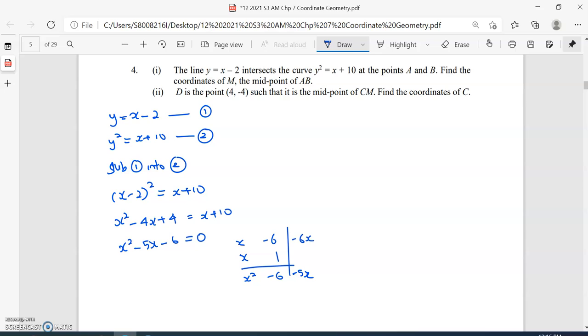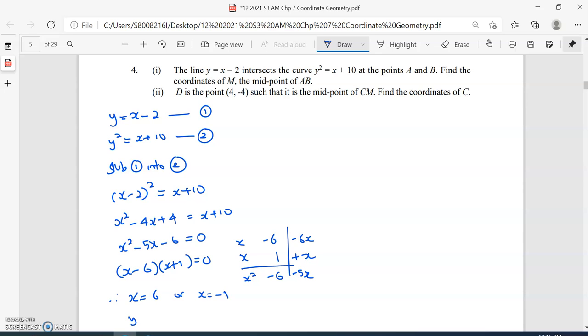This will be negative 6x, this will give me positive x, to give me negative 5x. Okay, good. So I have (x minus 6)(x plus 1) equals 0, meaning x equals 6 or x equals negative 1.